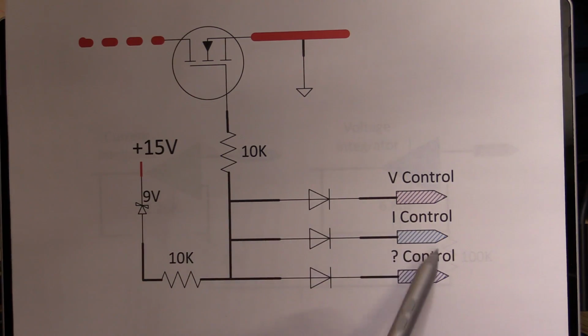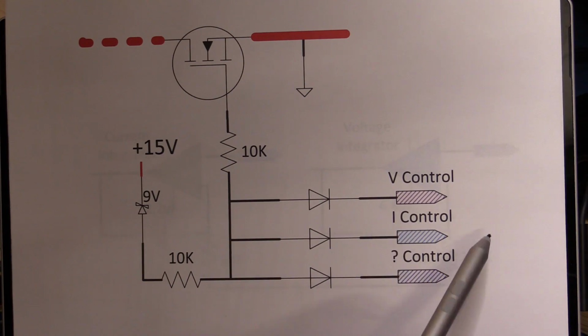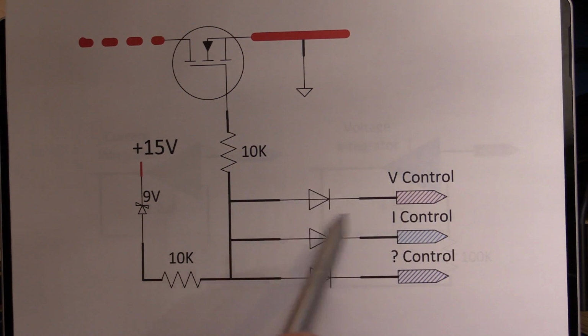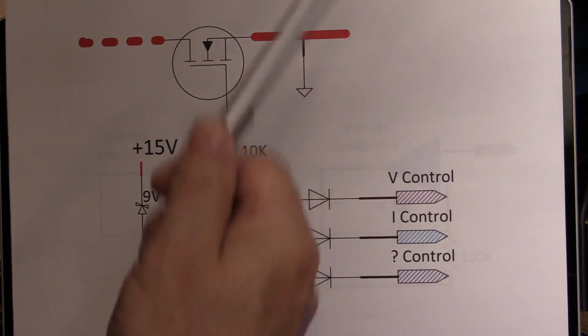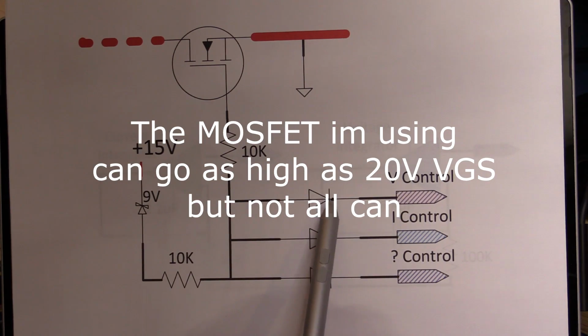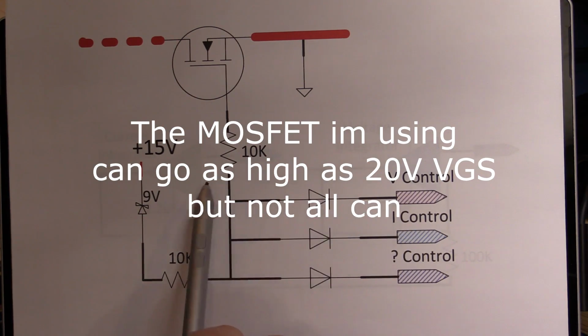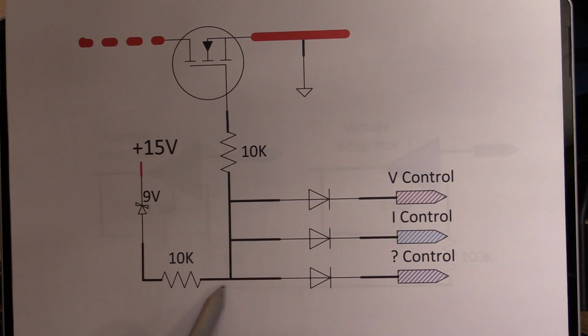Now these 3 inputs here can be driven by a control system. Because of the direction of the diodes, you can pull them down, you can't push them up. So if you've got your voltage control coming into here, all this has to do is come below this. This is plus 15, so you've got about 5-6 volts here.